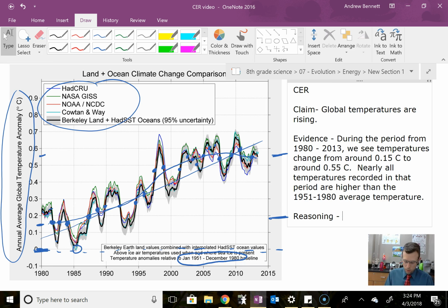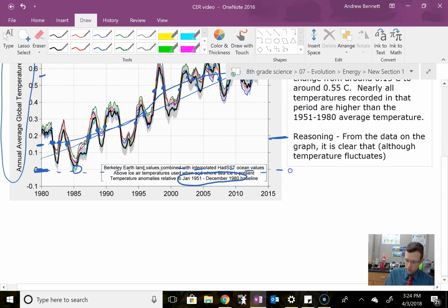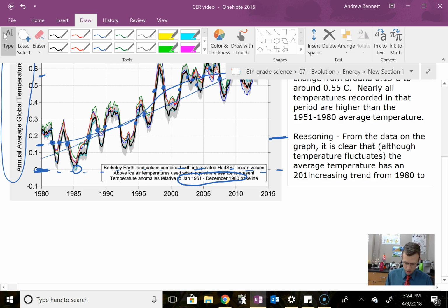So, from the data on the graph, it is clear that although temperature fluctuates, the average temperature has an increasing trend from 1980 to 2013.